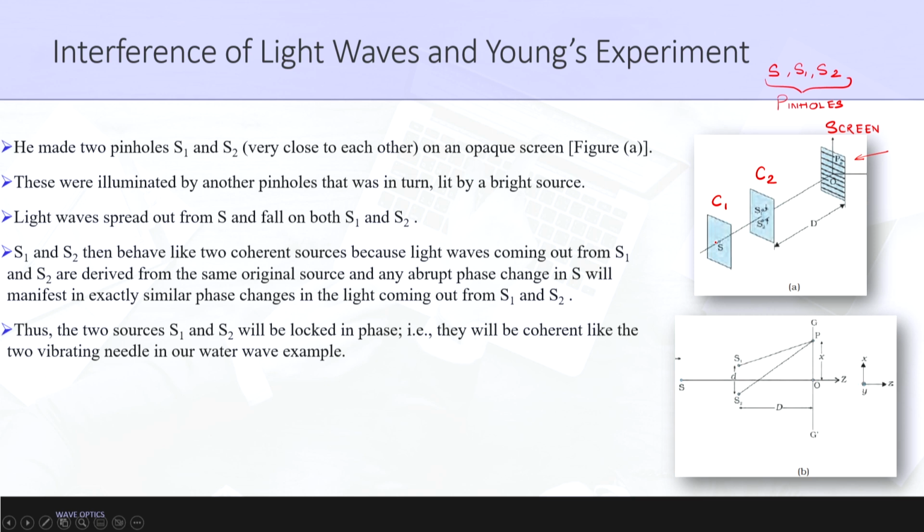In this case, the figure shows there is only one independent source. Then in the second cardboard there are two pinholes again denoted by S1 and S2, and finally due to the interference, an interference fringe is formed.